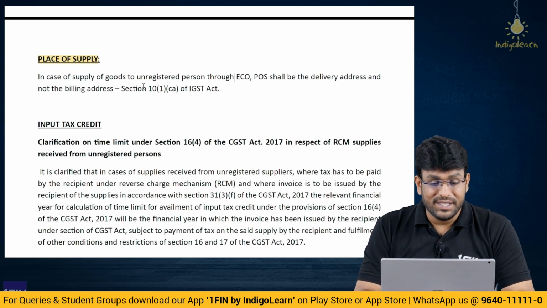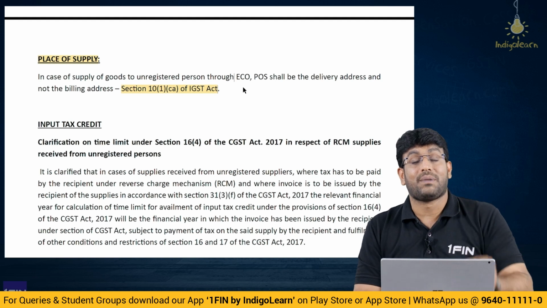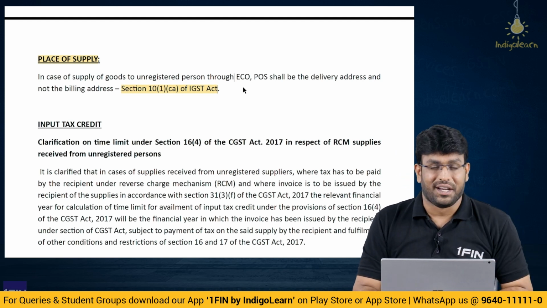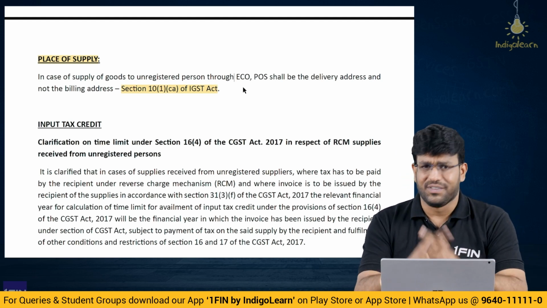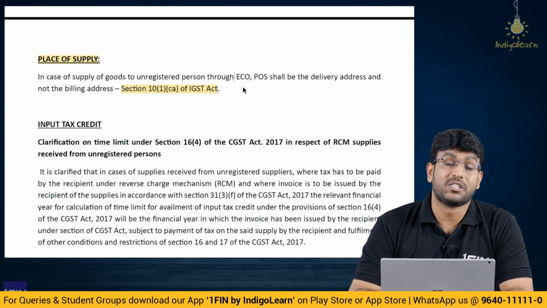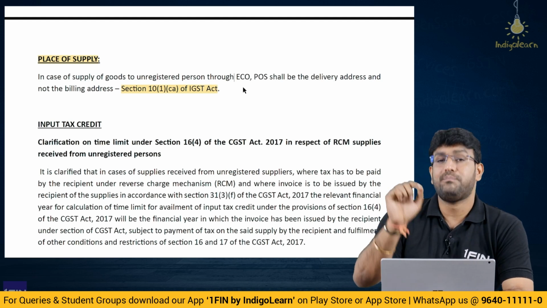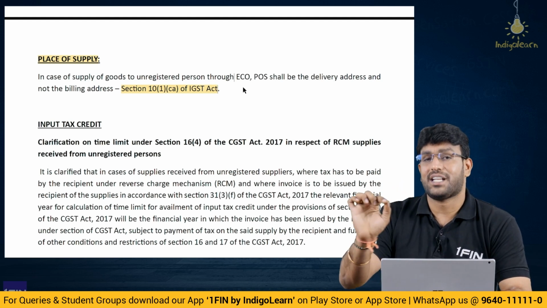Now section 10(1)(c), which basically talks about place of supply in case where goods are supplied to an unregistered person. It is something like, let us say, I am Shivateja. I placed an order online, let us say through an e-commerce operator, something like Amazon or Flipkart. And I have given billing address differently, delivery address differently.